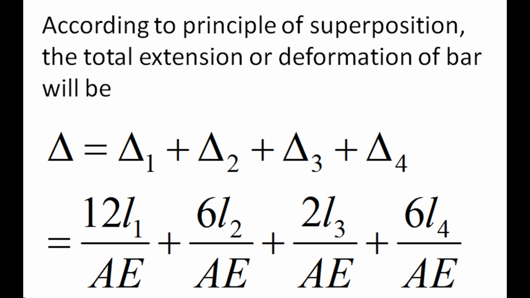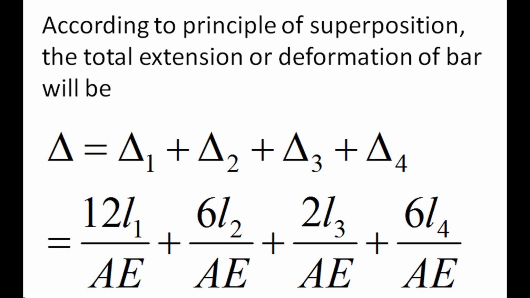Now according to the principle of superposition, what will be the total extension or total deformation of the bar? The summation of all the strains, algebraically, as I already told you about the principle of superposition.